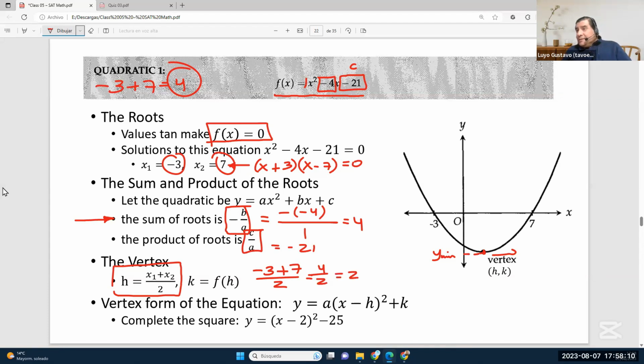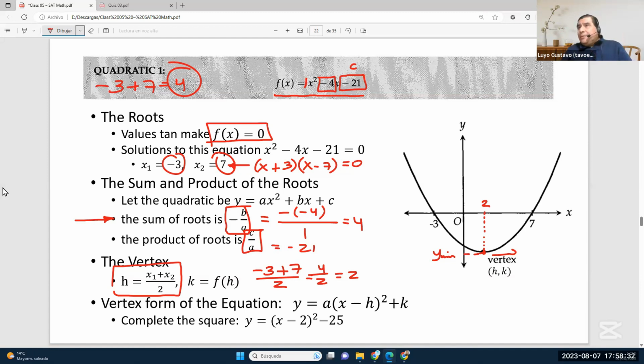So this here should actually be 2. And what is the vertical position of the vertex? Well, if you want the vertical position of the vertex, simply replace H in the equation and calculate the value of F. That is the vertical position.